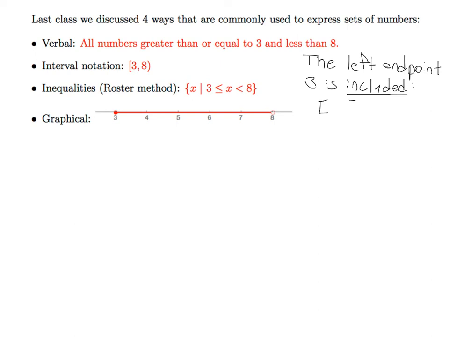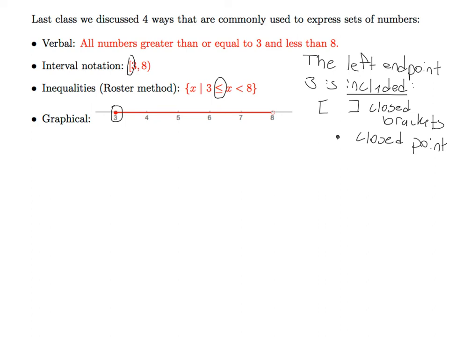If it's on the right, we use a right closed bracket, and we call these closed brackets. If we're using a graph, then we would use a closed point. And we see that over here we have a closed bracket, we have a closed dot, and here we used an inequality that includes 3.